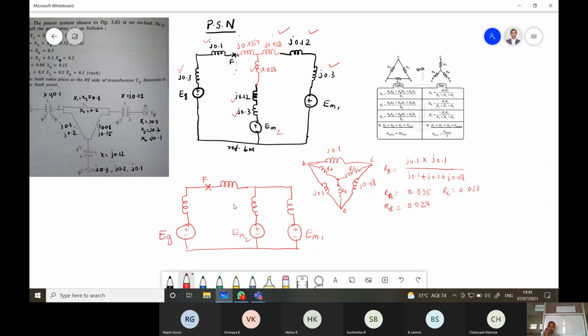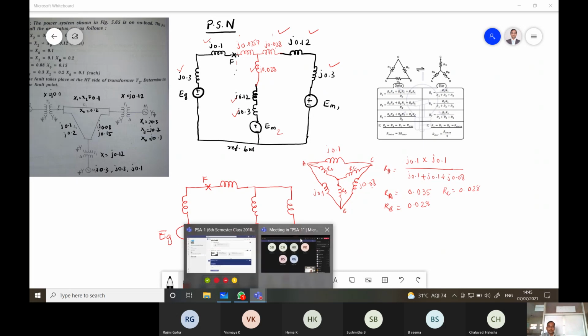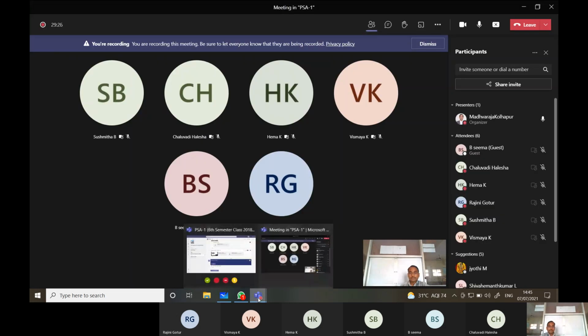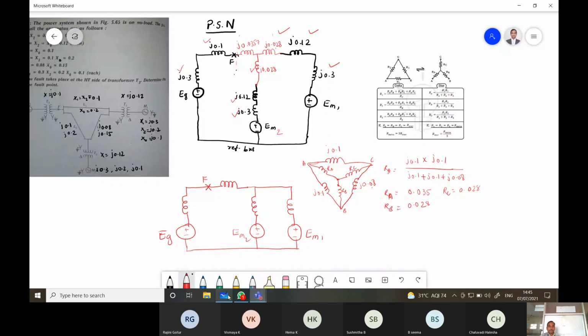So tell the values. What is the value of this one? So these two are in series. 0.3 plus 0.1, 0.4. j0.4. So write as it is j0.0357. So here these three are in series. What is this value and what is this value?